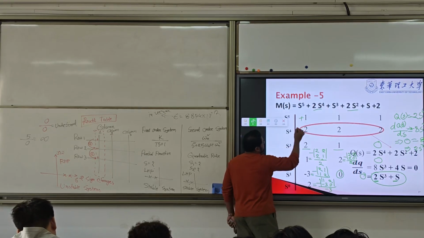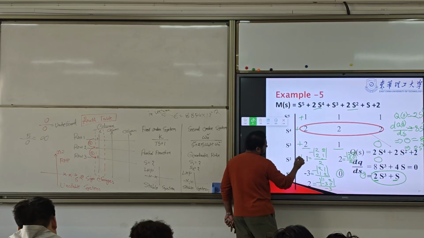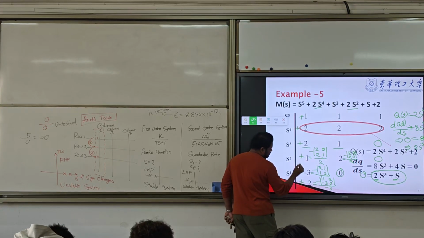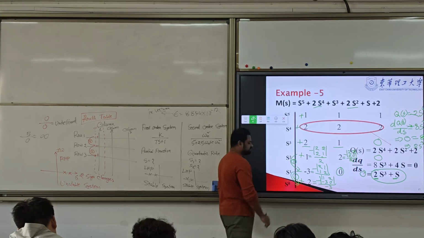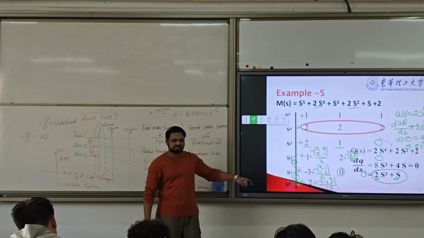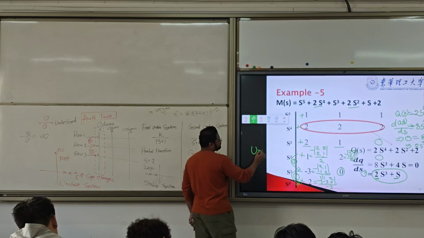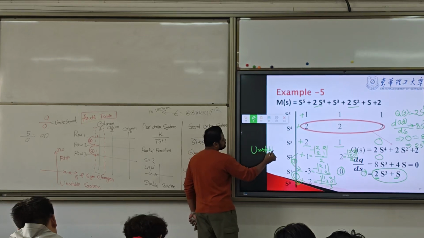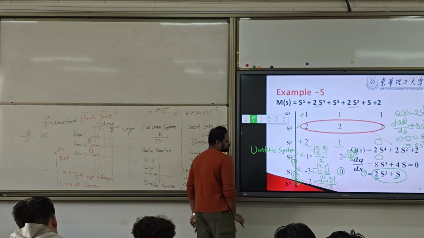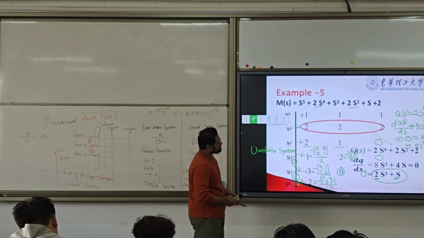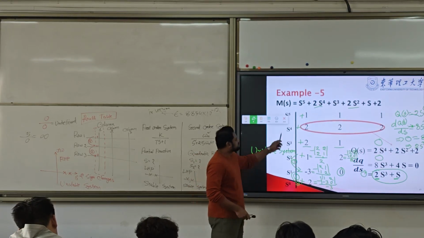So now check: plus, plus, plus, plus, minus, plus. So here there are 2 sign changes. That is an unstable system, because of 2 sign changes. So this is another example.